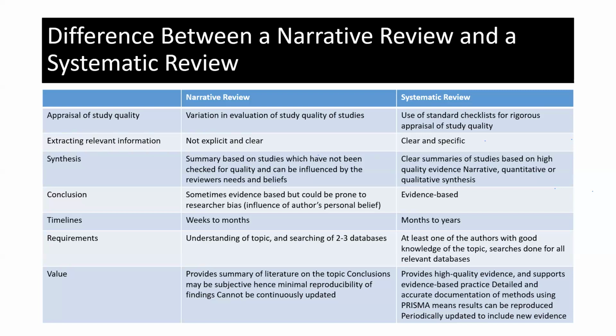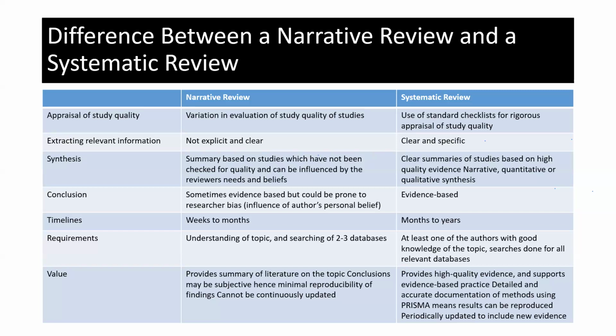Narrative reviews can be done in days and weeks, but systematic reviews take some time, because you have to write the protocol, submit the protocol, have it peer reviewed, and have it published.